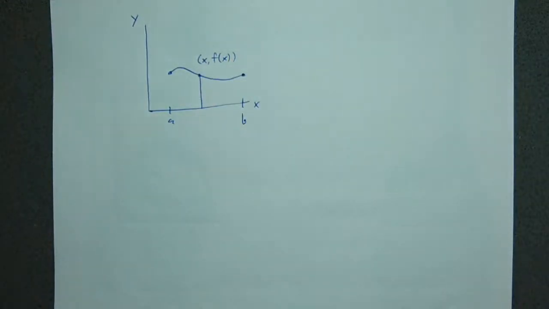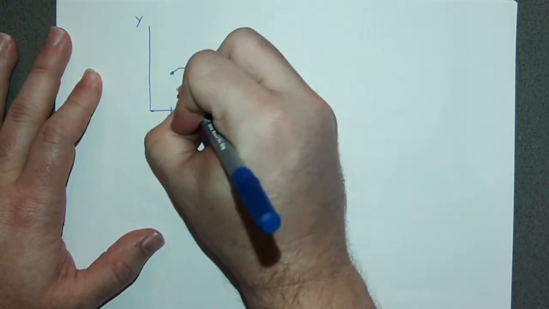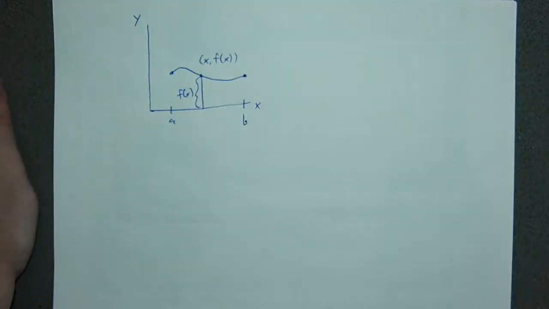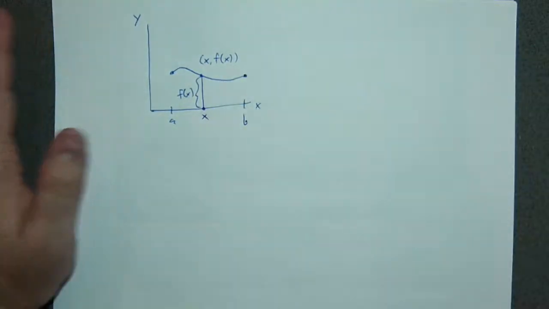What does that line sweep out? Well, it sweeps out a circle or a circular disk, but it sweeps out a circle. And so what is the radius of the circle that it sweeps out? Well, this height is determined by the height or the value of the function at a point x, right?